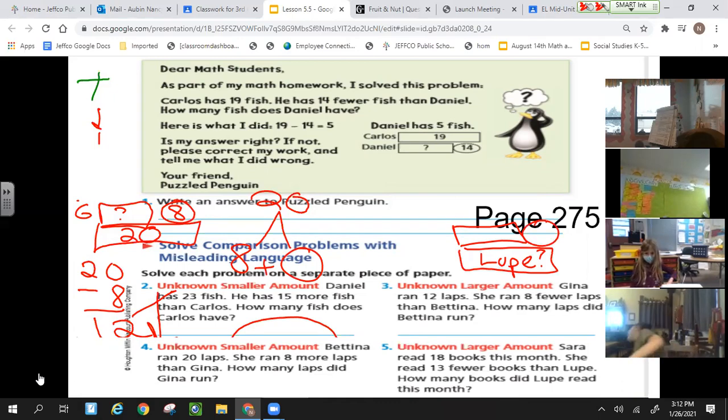Even though the word said fewer, it doesn't mean I'm going to subtract. You have to be careful with keywords. You still have to understand it, draw pictures and visualize.